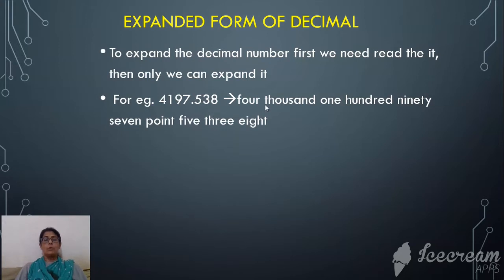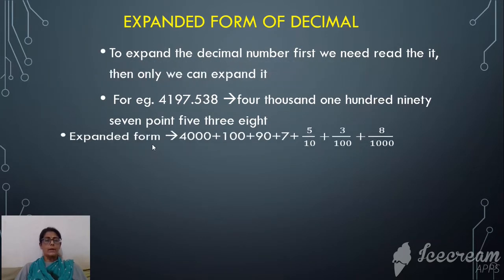So first we have to read this: 4197.538. Now we have to expand this. So first we will take this number. It is in which place? Thousands place.